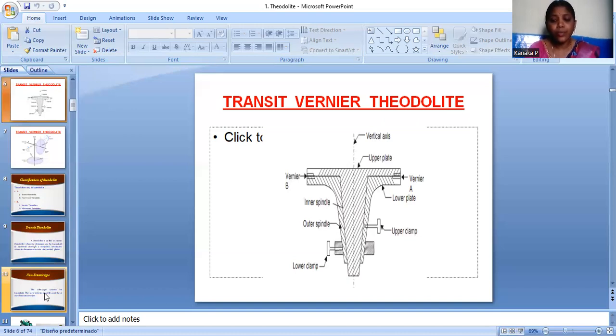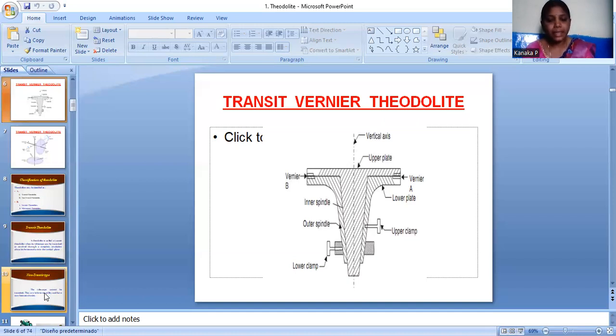It is fixed in front of the vertical circle and provided to the standards, and it is provided with a clip screw at the lower end. The clip screw is used to adjust the altitude bubble.